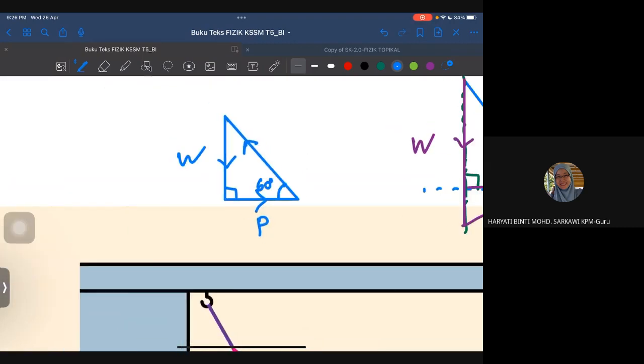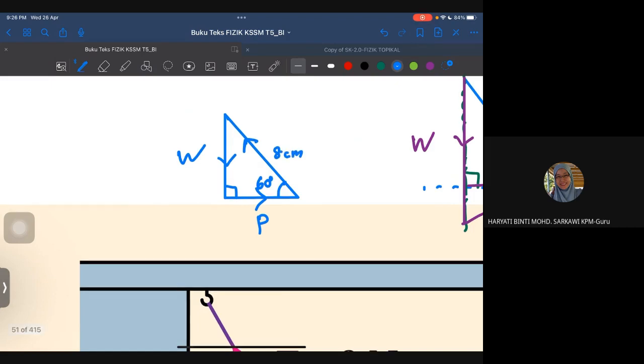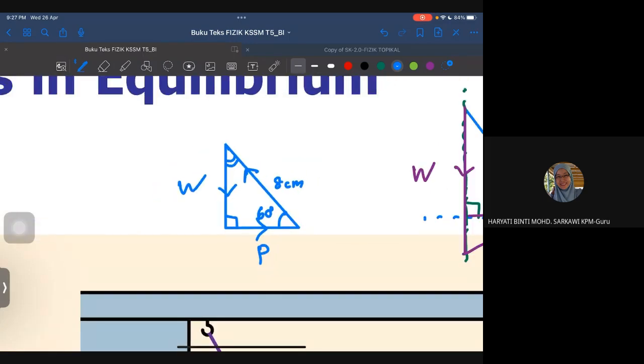And then the angle here must be correct, 60 degree. And then this length must be 8 cm. Okay, and then what would be this angle? 30, correct. So if you want to draw W at the end of T, this is your T, right? So you need to measure the angle here, it must be 30 degree, like that.